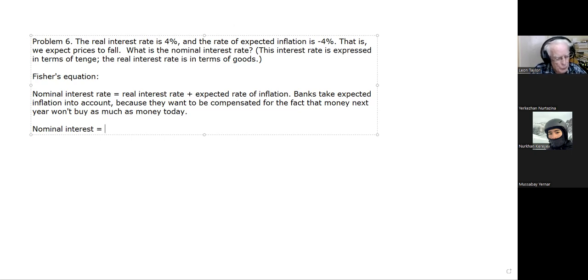So we have a real interest rate of 4%, and then a rate of inflation of minus 4%. So the nominal interest rate in this case is zero.